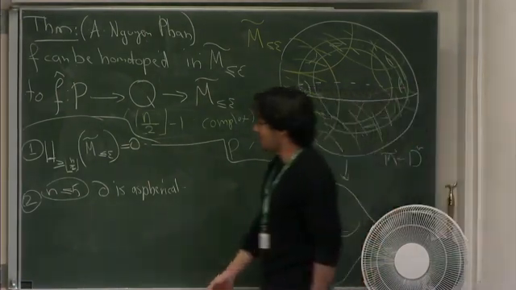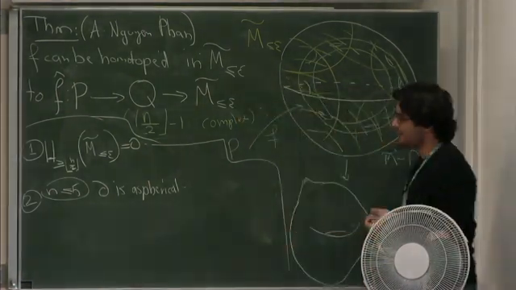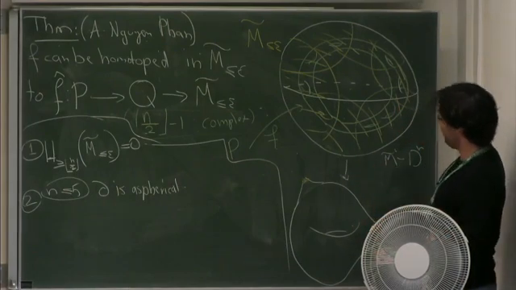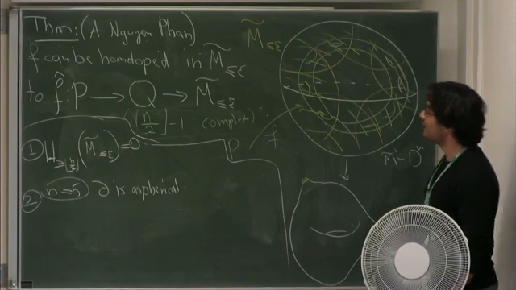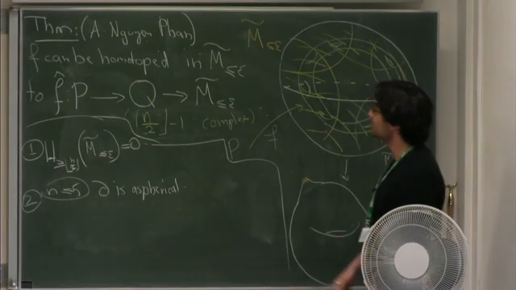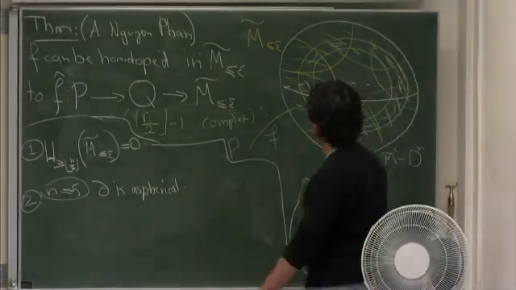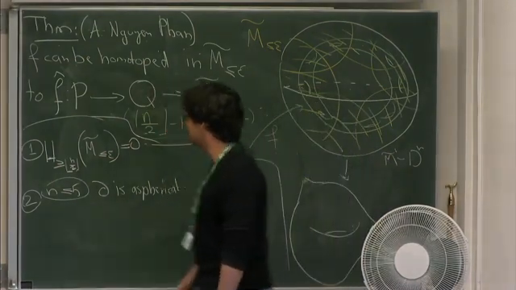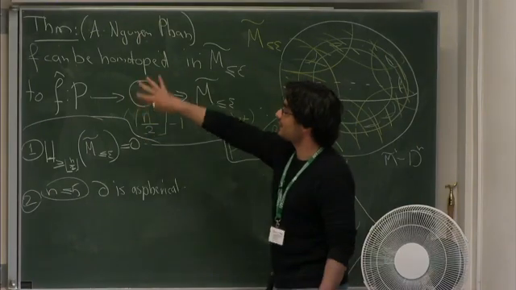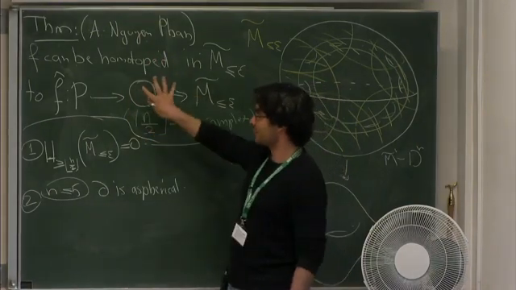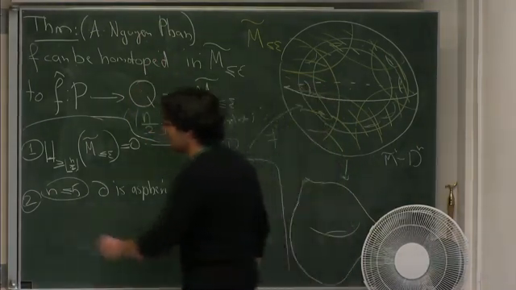Then you can ask, how bad of an aspherical manifold can it be? And so we can say the following, which is maybe somewhat interesting. It's sort of a corollary of the method, but it's not exactly a corollary of this statement.